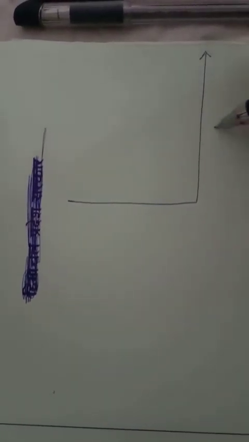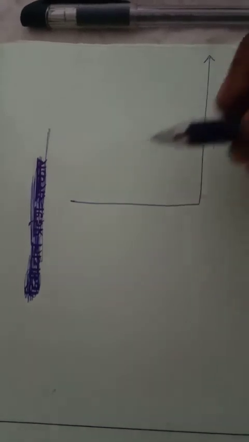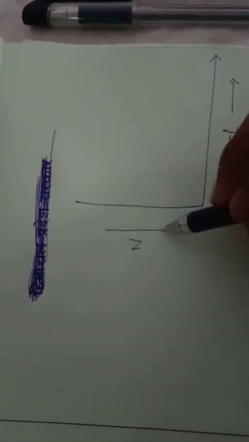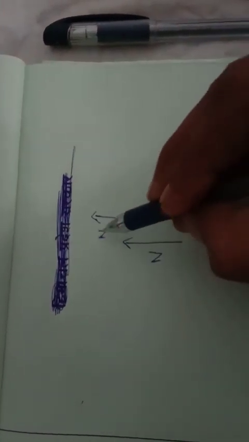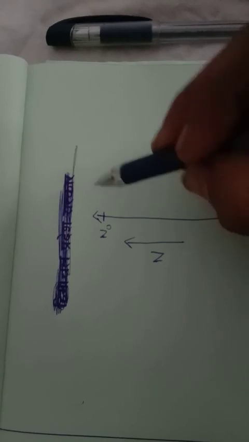Now graphical representation: that is the time t, that is the number of atoms. When time is 0, there are n naught atoms present initially.